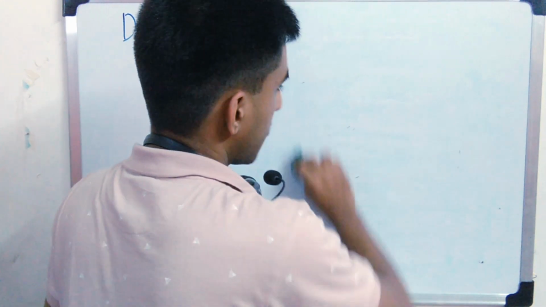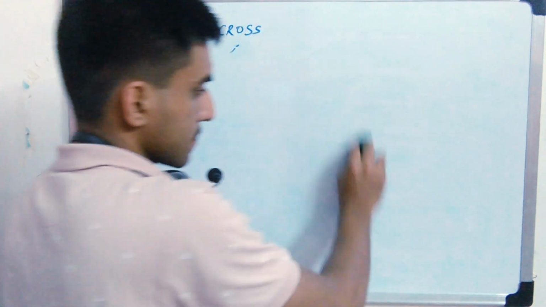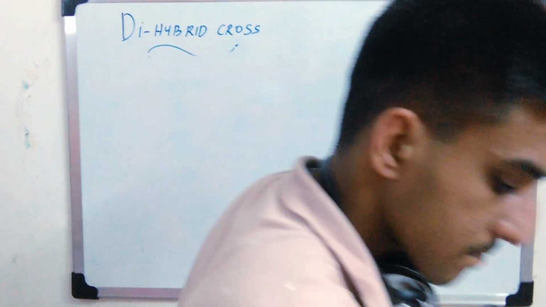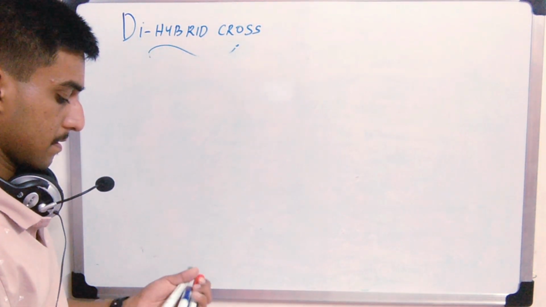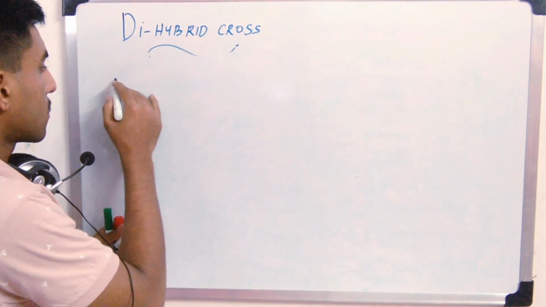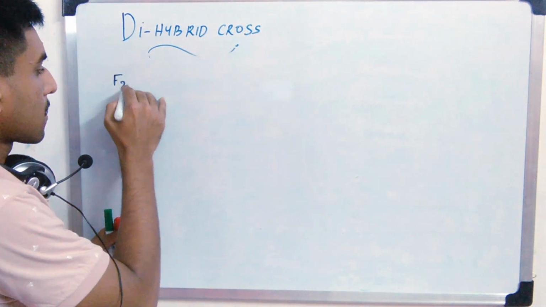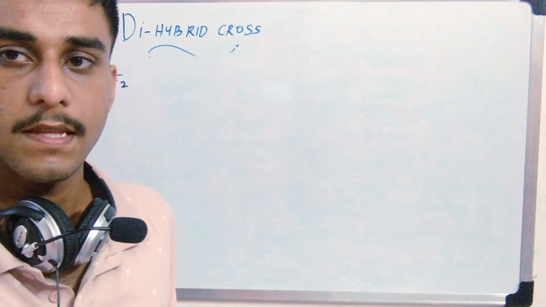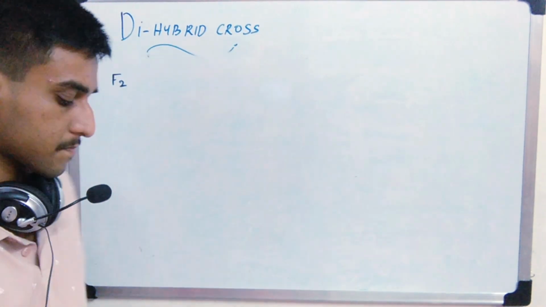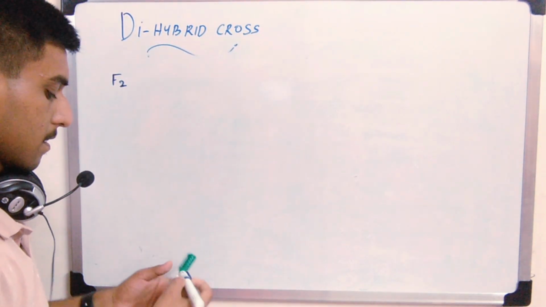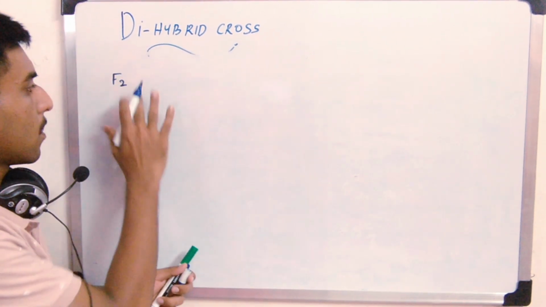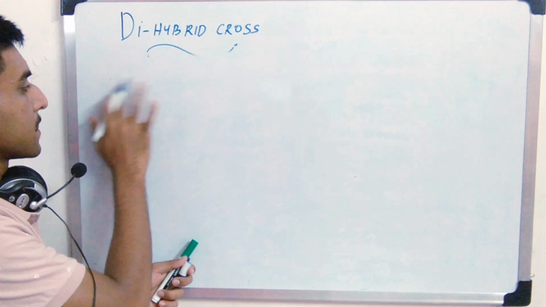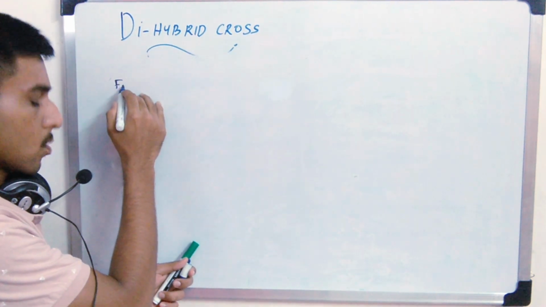Now we are going to deal with the F2 cross. So how will we get F2?